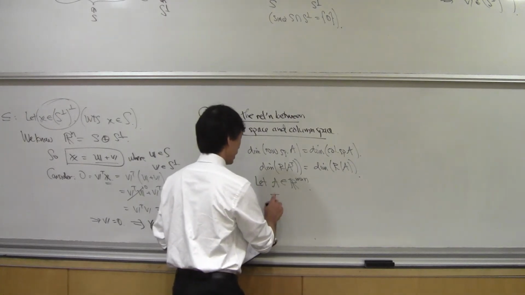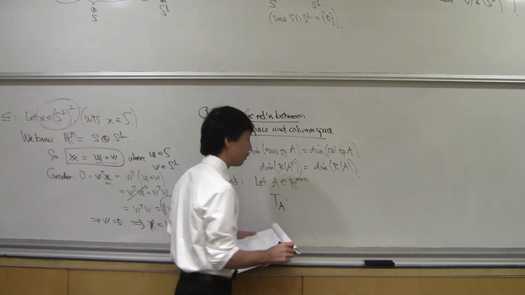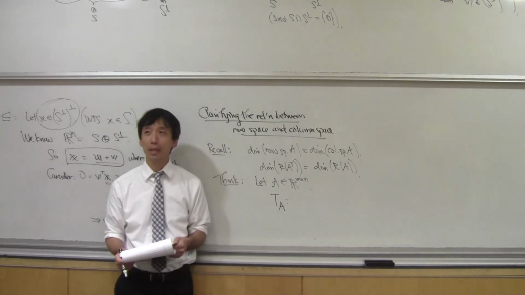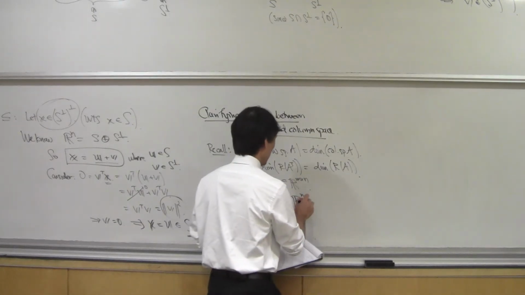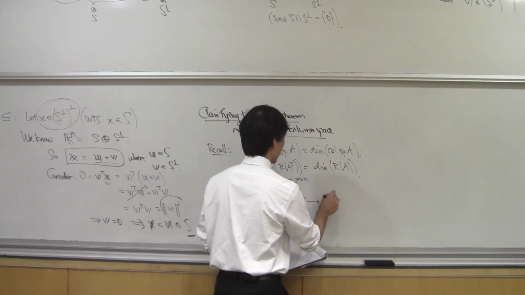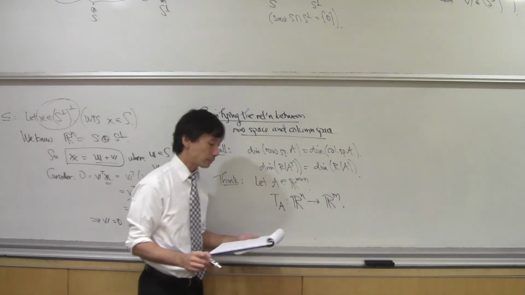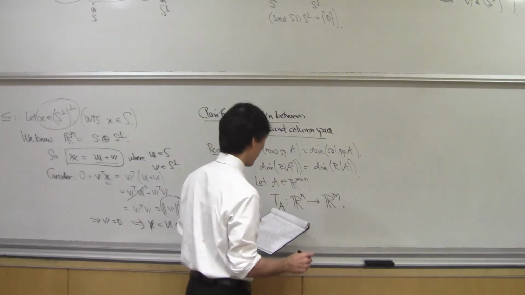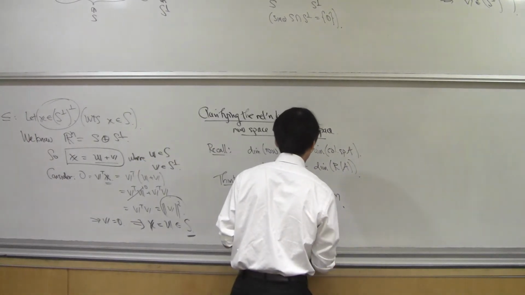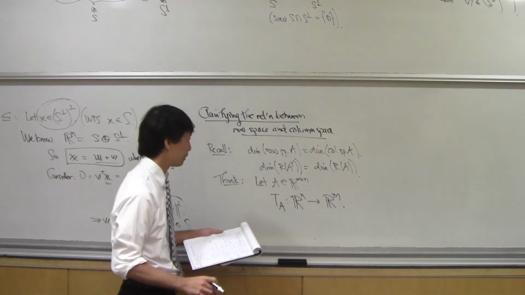Then T sub A goes from where to where? T sub A, N to M, right? So from Rn to Rm. From Rn to Rm.